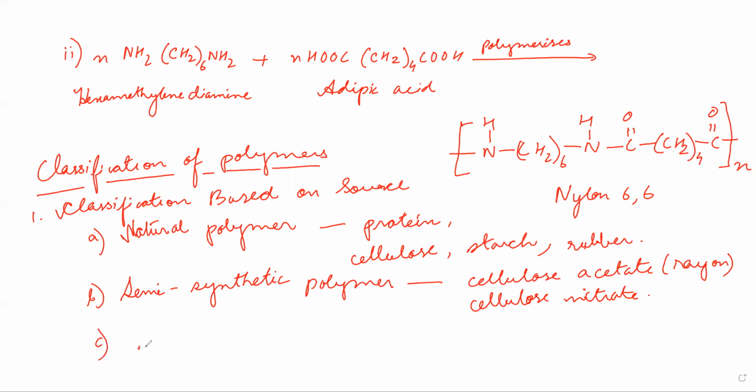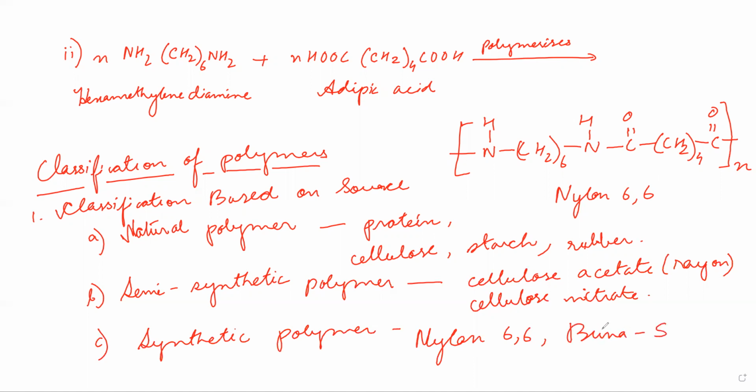Third is fully synthetic. That means this polymer is formed artificially. So now we have written one polymer named nylon 6. It is artificially prepared. We have more examples like Buna S. All these polymers, how they are formed, we are going to discuss in the later part of the chapter.